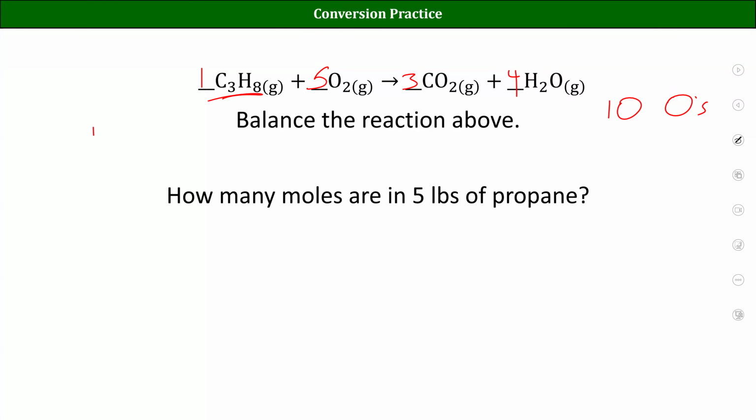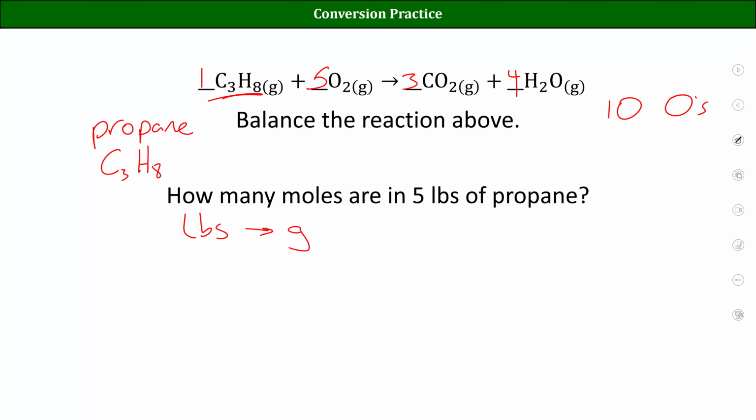So propane is C3H8. Have a mass, force technically, but we'll call it a mass. This is just a conversion problem, right? We can go pounds, grams.